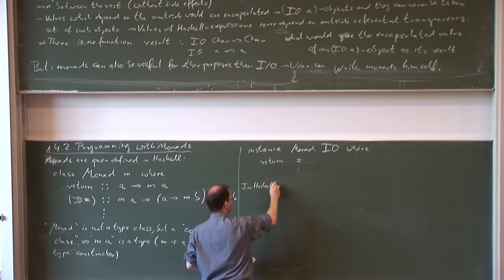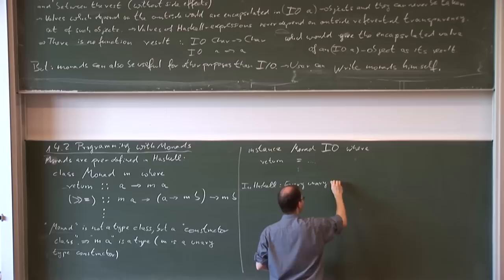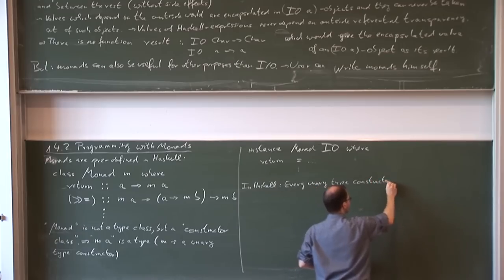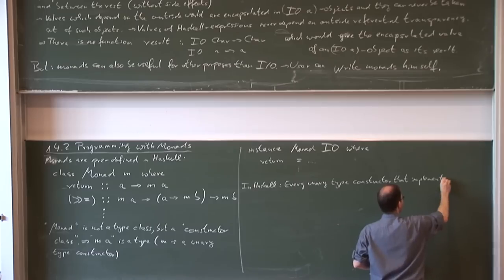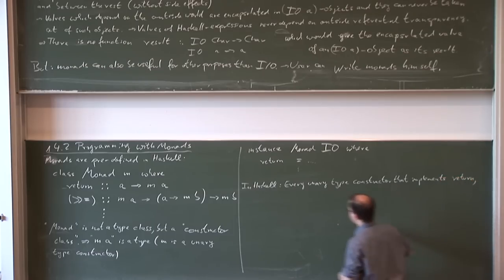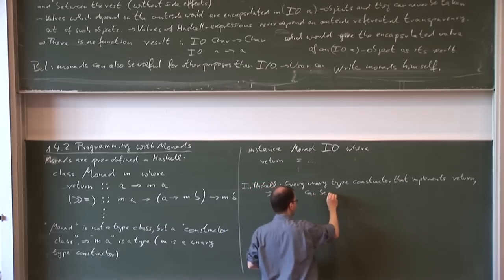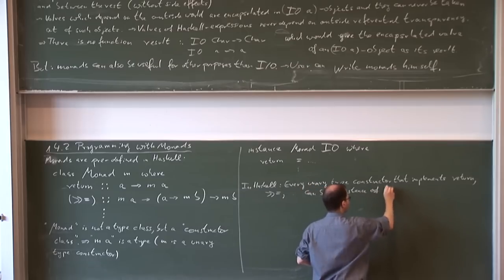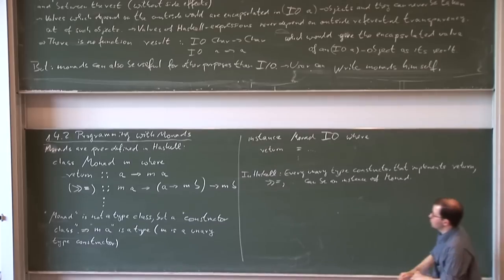In Haskell, every unary type constructor that implements things like return, bind, and so on can be an instance of the type class monad, but you should not implement them completely arbitrarily.